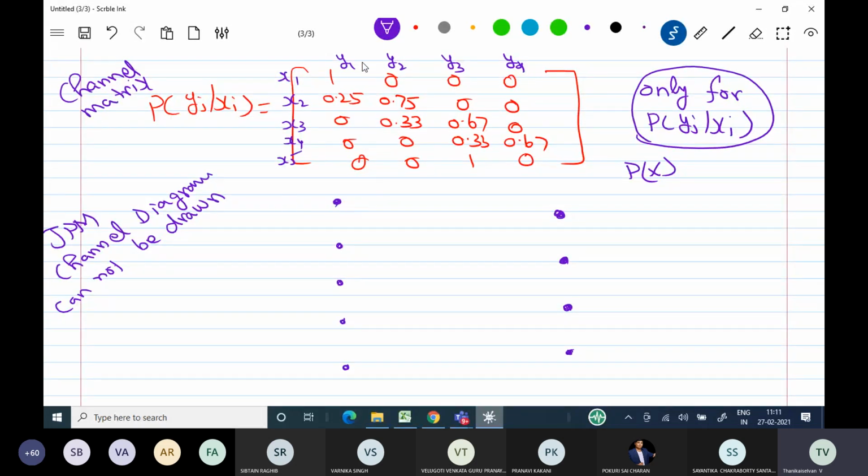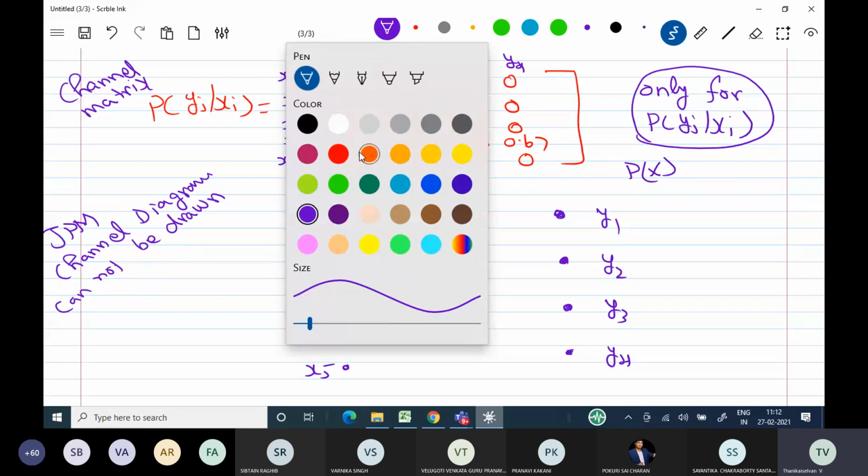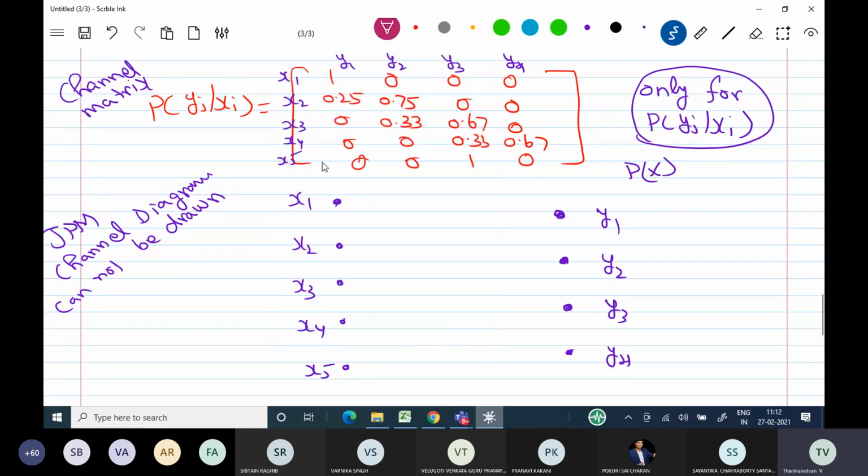Now you see, put the corresponding symbols x1, x2, x3, x4, x5, then y1, y2, y3, y4. There are 4 symbols, right? So now I am going to connect all the symbols. You see x1, y1. There is a connection, and the corresponding conditional probability is 1. Thereafter, no connection between x1 and all the other y's, because all the values are 0. You see x2. Please listen, students.